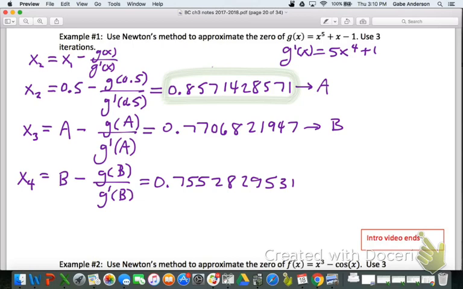If we did a fourth or a fifth or a sixth iteration, I think we would see that those differences get smaller pretty quick. So I'm going to take a second and use my calculator to find out what that zero actually is, and we can compare. Okay, so according to my calculator, g of x equals 0 at x equals 0.75487767.